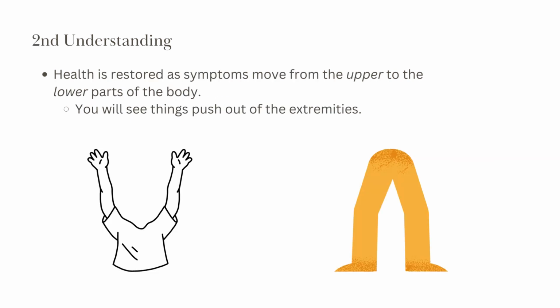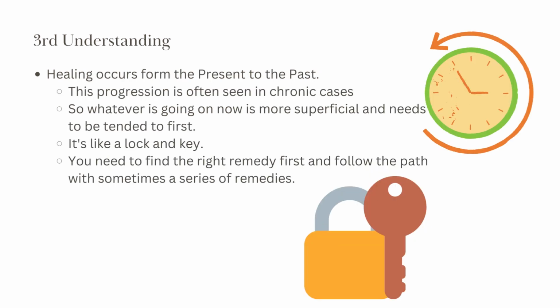The second understanding is health is restored as symptoms move from the upper to the lower parts of the body. So you'll see things push out the extremities. If you see something in like the knees, you know that it's pushing its way out. It's getting out. And then the third path is it occurs from the present to the past. So the progression is often seen in chronic cases because over time information has gotten suppressed into the body.